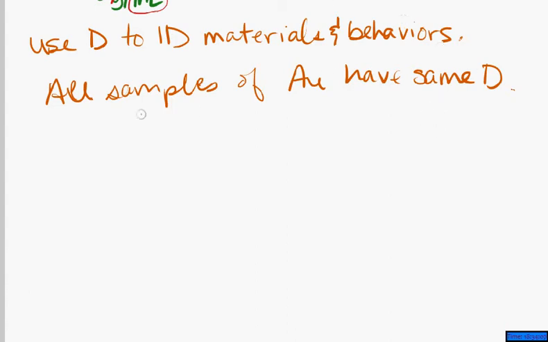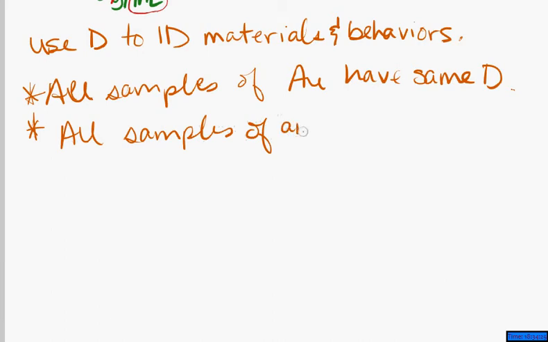And this property, this physical property of density, is true for all elements, all samples of a given element have the same density.